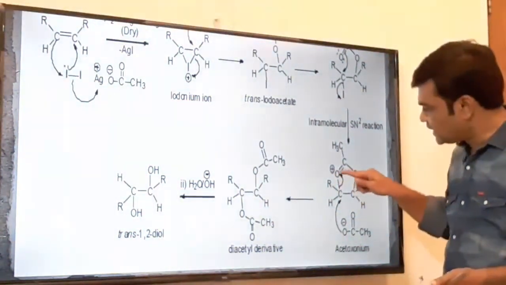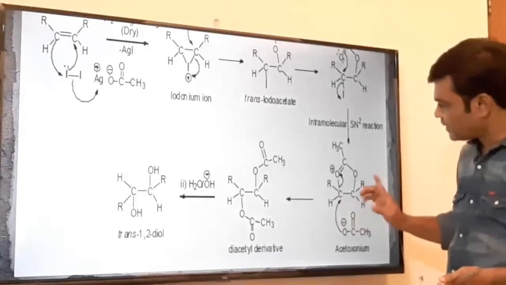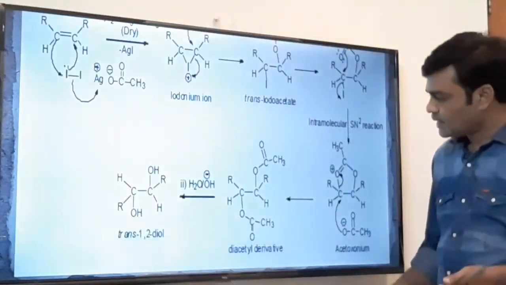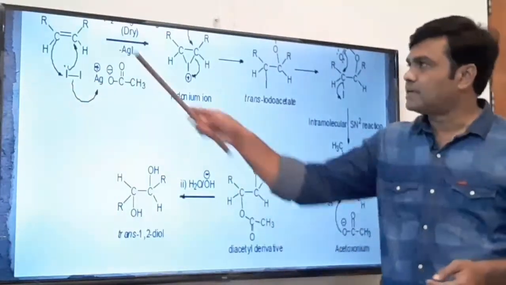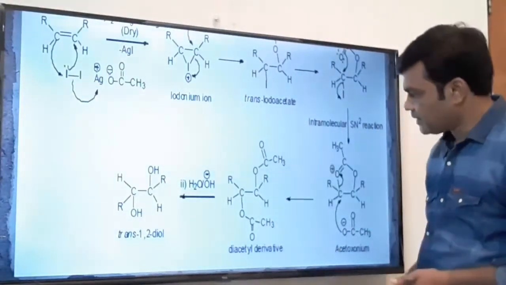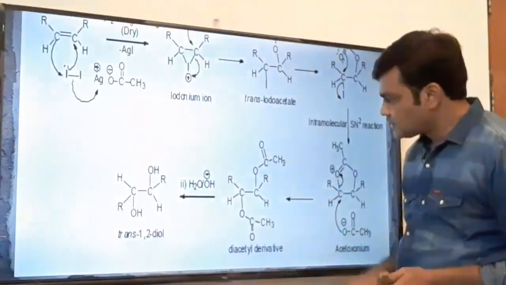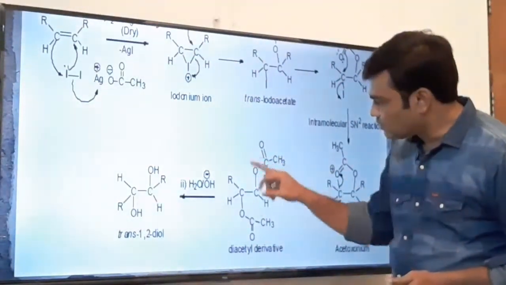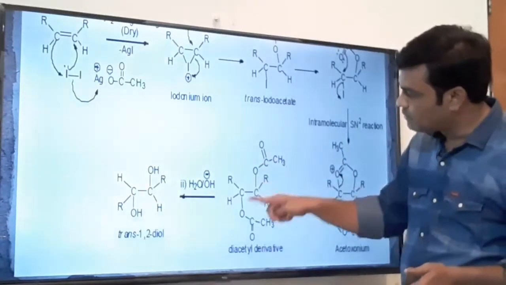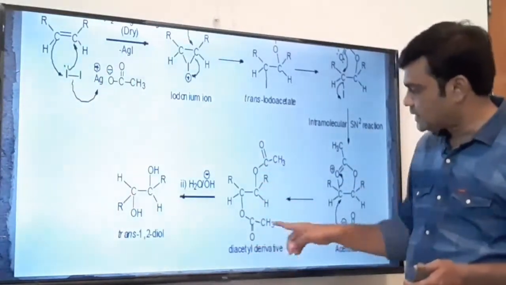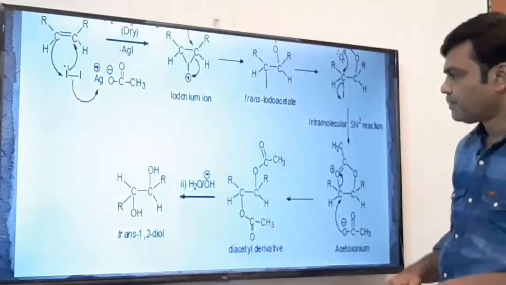So oxygen gains its lone pair and the bond is formed. Now we get this. What is this? It is a trans diacetyl derivative of this carbon-carbon double bonded compound, that is alkene. Why is it called trans? Because the two acetyl groups are at opposite positions across the carbon-carbon double bond. They are 180 degrees apart. That's why it is the trans diacetyl derivative of that alkene.